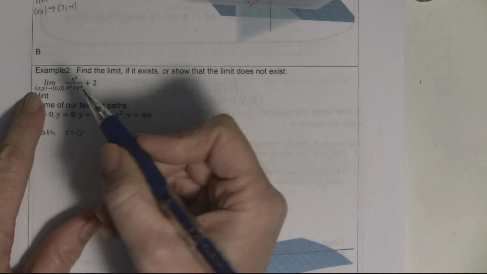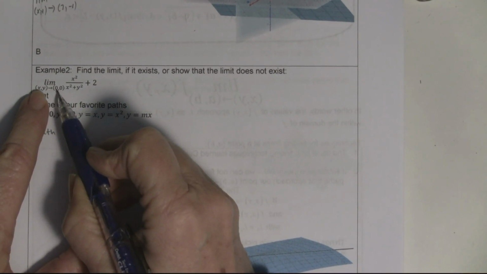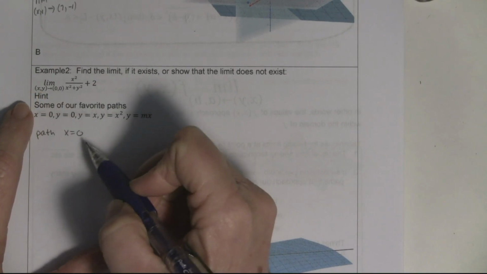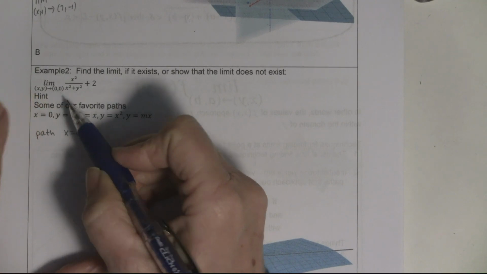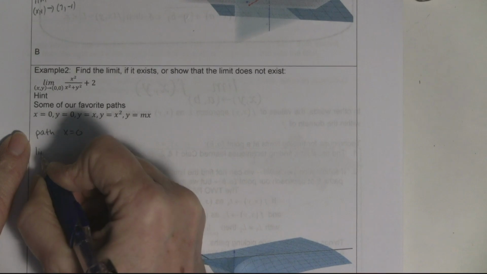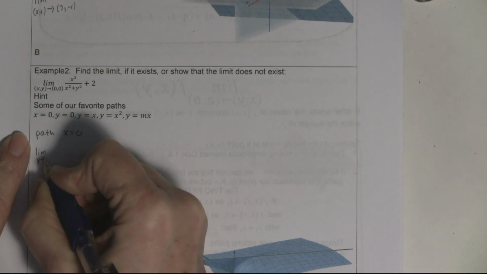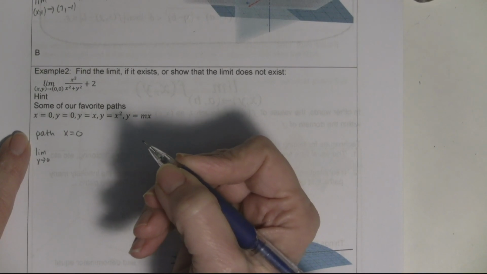So what I would do then, and notice that if x is 0, that is okay, because I see that x is 0 here. So it wouldn't be okay for me to say x is 1, because this x is getting close to 0. And so then I would be looking at the limit as y goes to 0. See, that kind of cuts out one of the pieces, which is kind of nice.